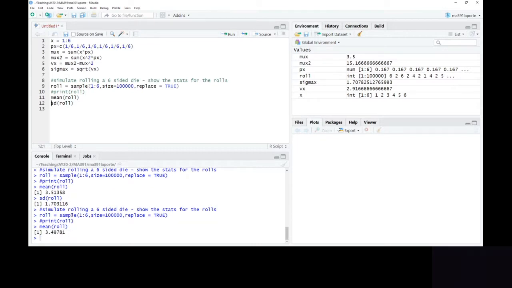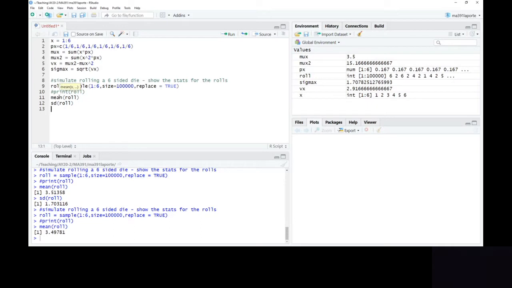Oh yeah, you can see it's getting smaller. But again, we don't expect it to come out to exactly 3.5. Probably rarely would it ever do that, but it's getting closer and closer the larger that I put this in.